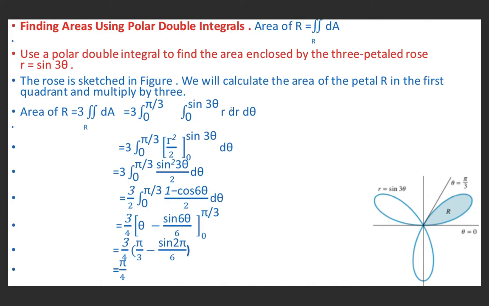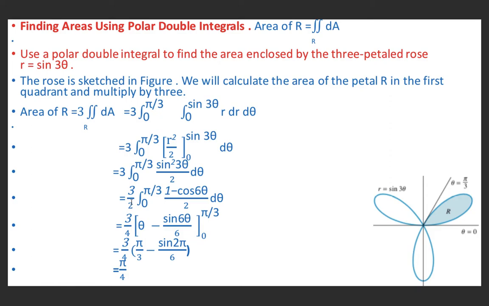So integration of r is r square by 2, limits from 0 to sin 3 theta. If we substitute the upper limit, this is sin 3 theta whole square upon 2, meaning sin square 3 theta upon 2. If we substitute the lower limit, this is 0. I have not written the 0 part.